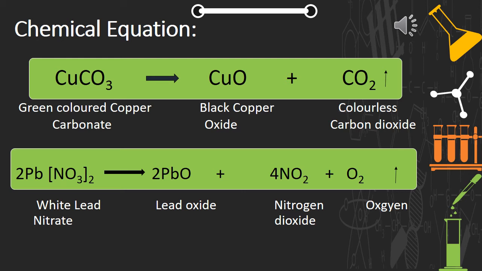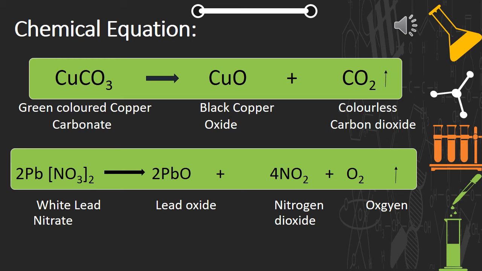When it's dioxide, it's two oxygen. So in this way the chemical reaction is represented in symbolic form. CuCO3 when heated gives you CuO, that is copper oxide, plus carbon dioxide gas is liberated. Okay, am I clear?